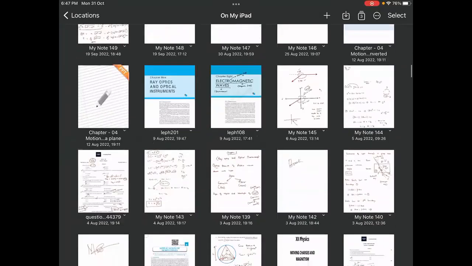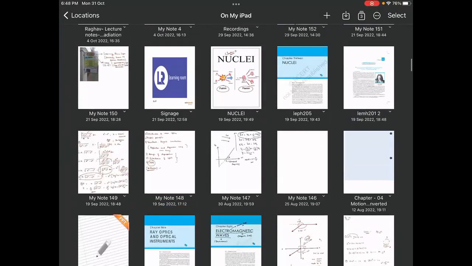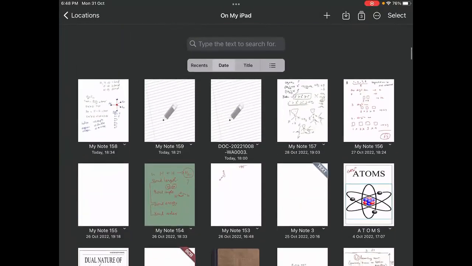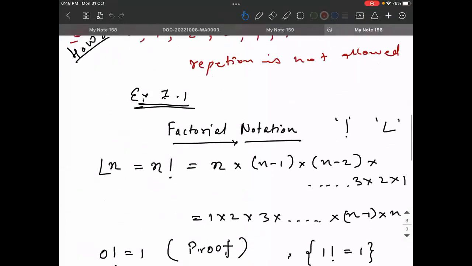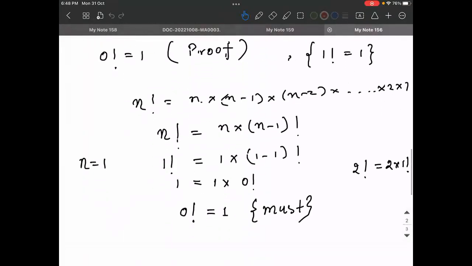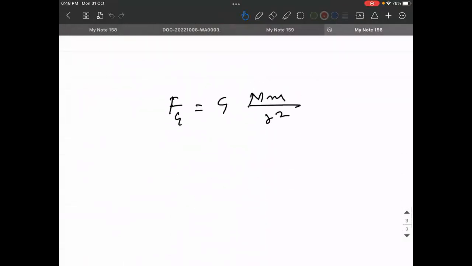Where is mathematics class? Integration, who is doing integration? Yeah, this one, right? Okay. Factorial, achha, we were in factorial notations, right? Why is this gravitational force here?